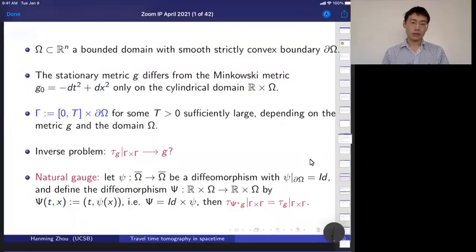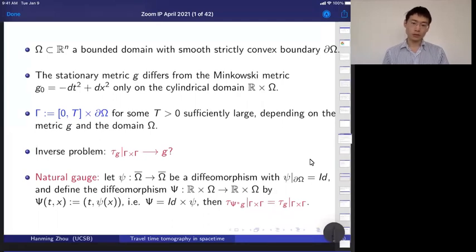Even though we put quite a few restrictions, there is still a natural gauge, similar to the Riemannian case. If you take some diffeomorphism from this domain to itself that fixes the boundary, then we can define a diffeomorphism in the space-time by letting it be the identity for the time variable. So we define this capital psi as the identity cross this little psi.